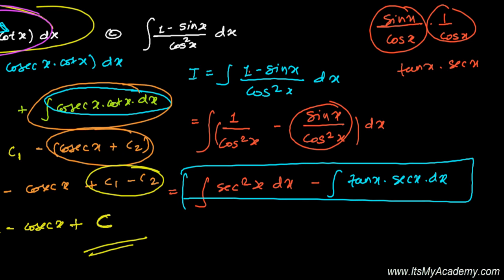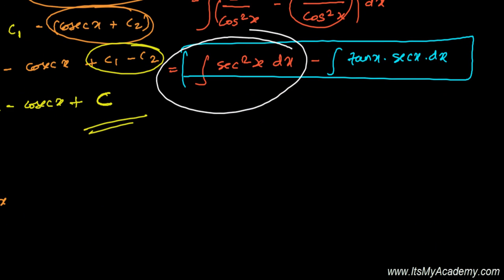Why am I saying this is the standard format? Because I have the particular formula for integral of sec square x. What do you understand by the indefinite integral of sec square x dx? We should understand what that function is whose derivative is sec square x.